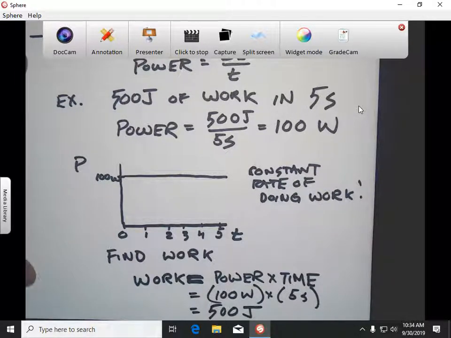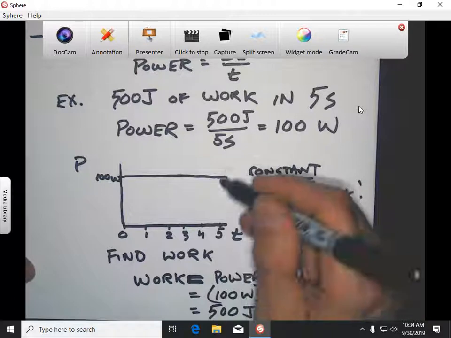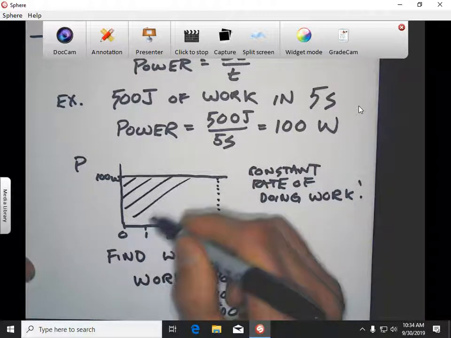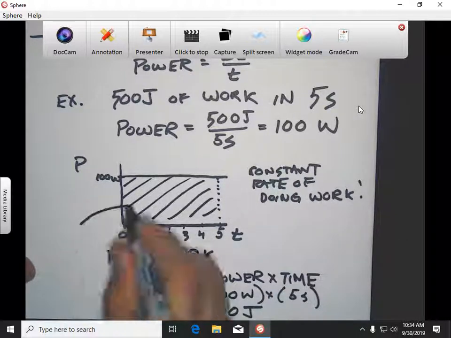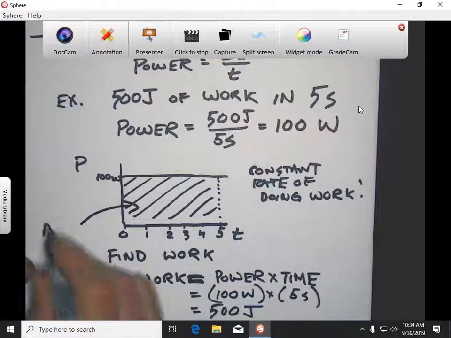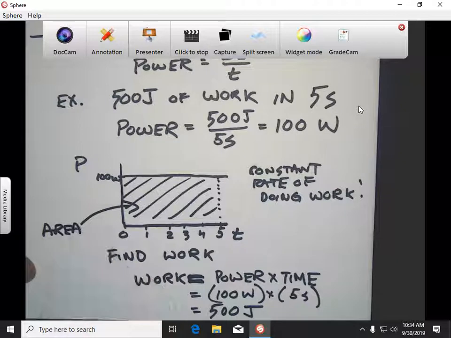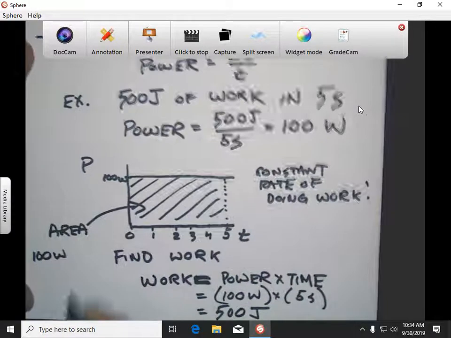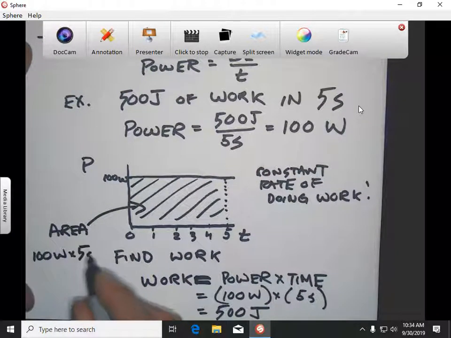Okay. Alternatively, you can look at the graph and look at the area under the graph. The area under the graph, in this case, would just be the area of a rectangle, which is 100 watts tall by 5 seconds wide.